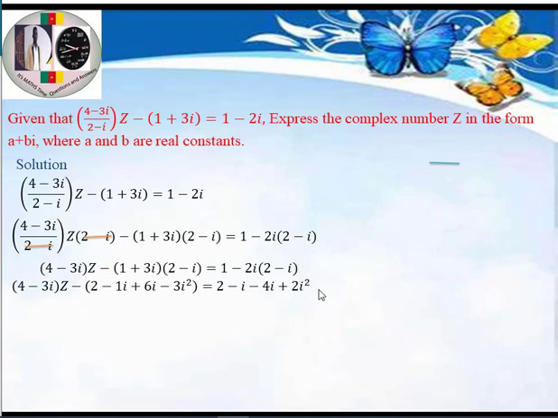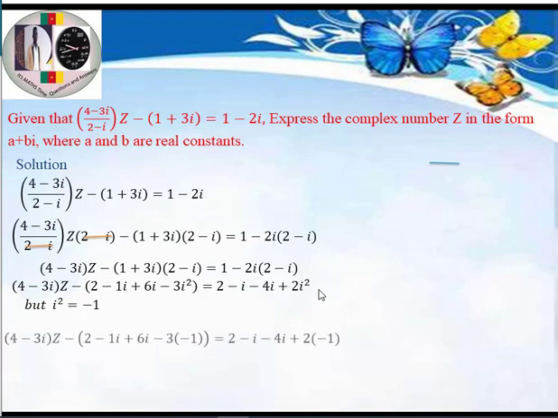But remember that in complex numbers, the square of i is equal to -1. So whenever we square i, we get -1, and we replace everywhere we see i squared with -1.